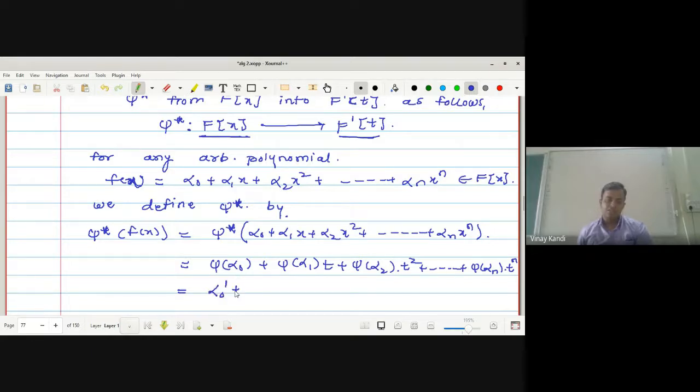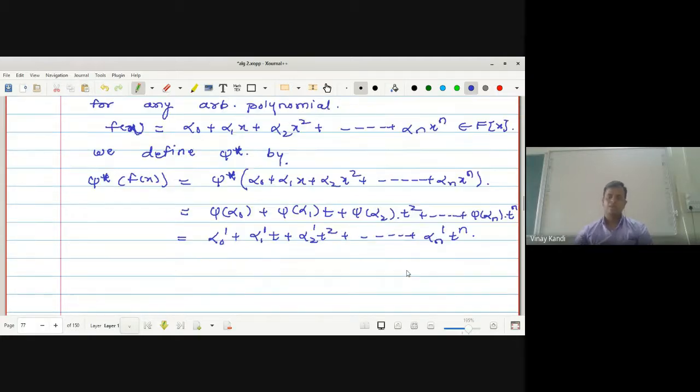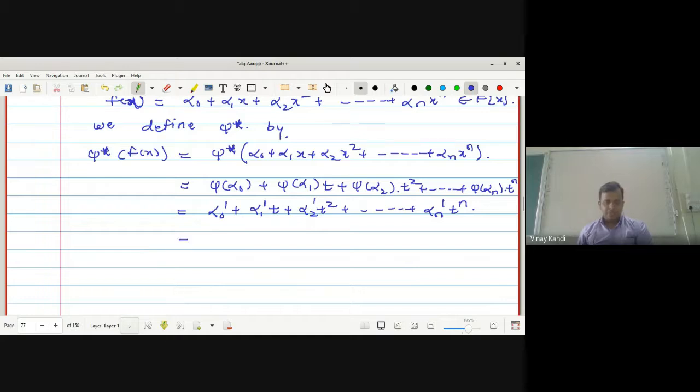Alpha naught dash. By the definition of psi, alpha 1 dash t plus alpha 2 dash t square up to so on alpha n dash t raised to n. Let's say this is the polynomial f dash of t.